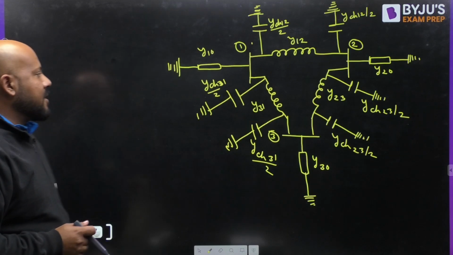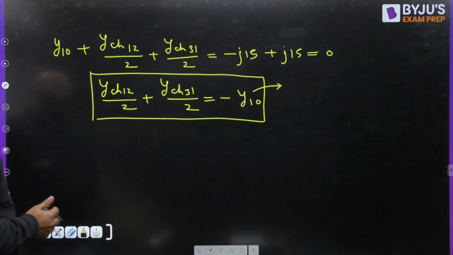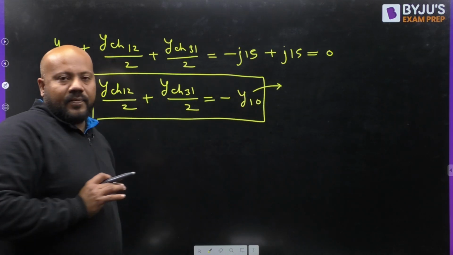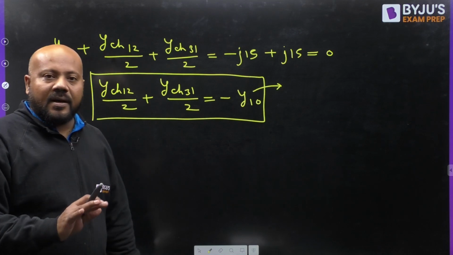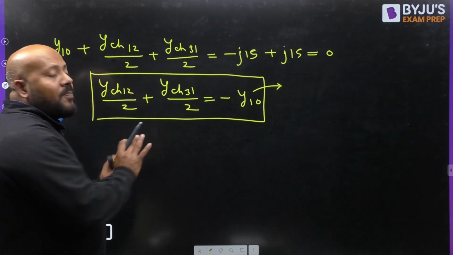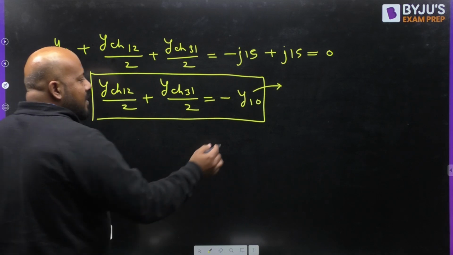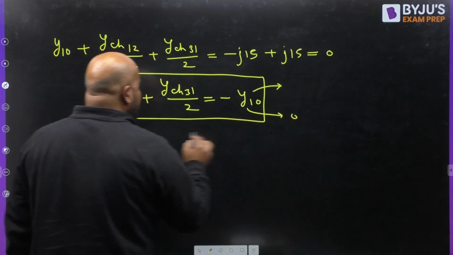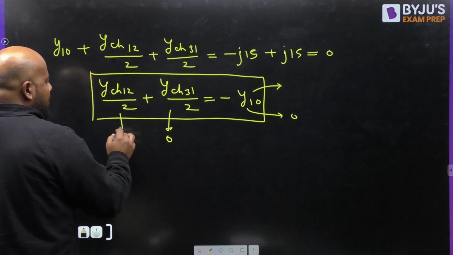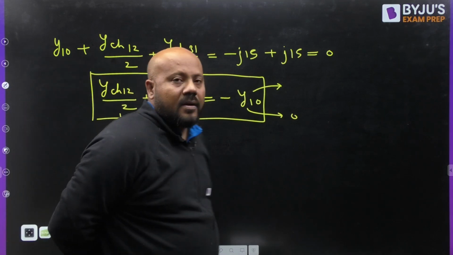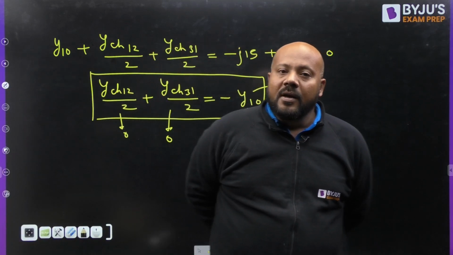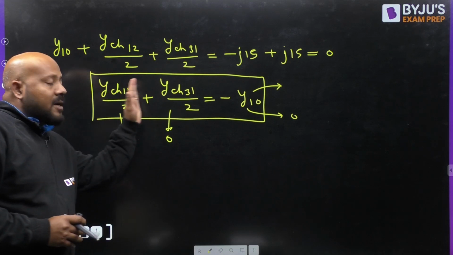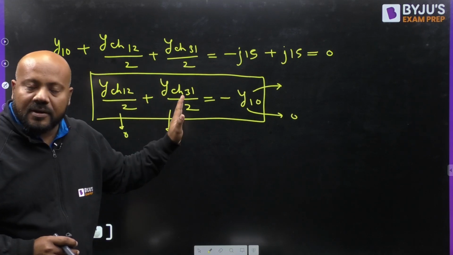It means if this y10 cannot be inductor, then this is only possible when this is also 0, this is also 0 and this is also 0. Because there is no other possibility. Because these two charging capacitances, both are capacitances.